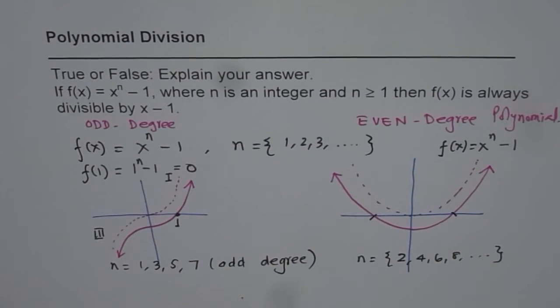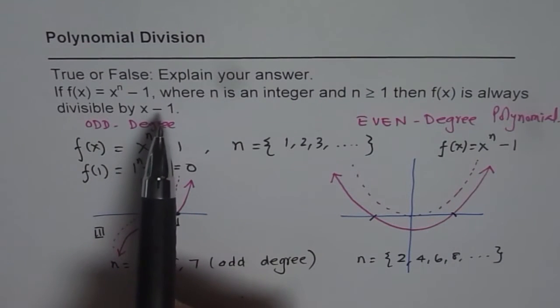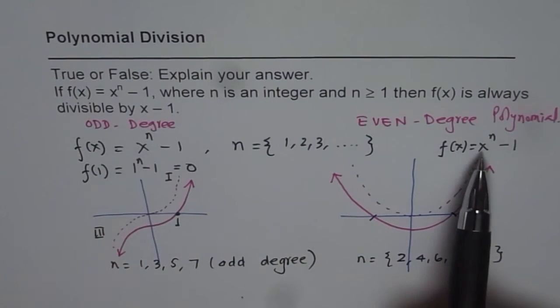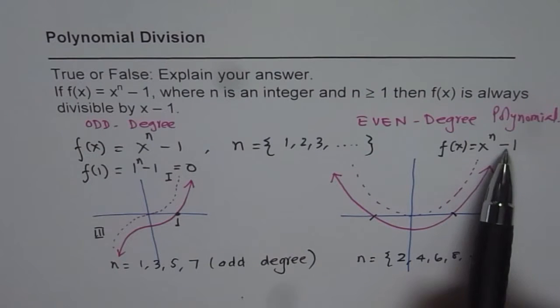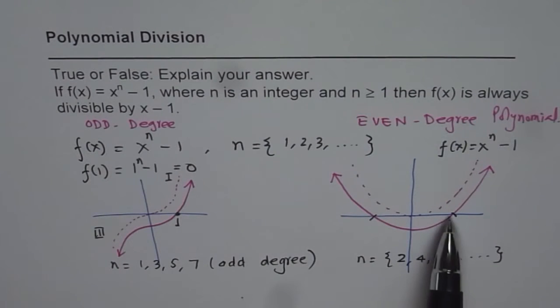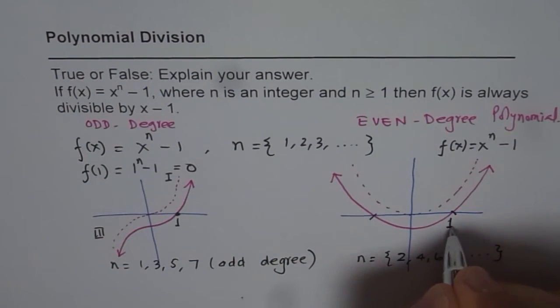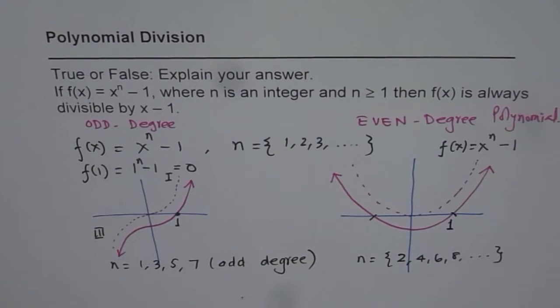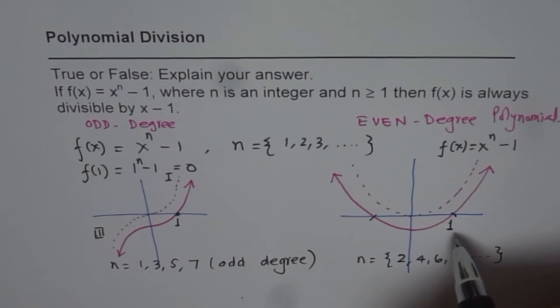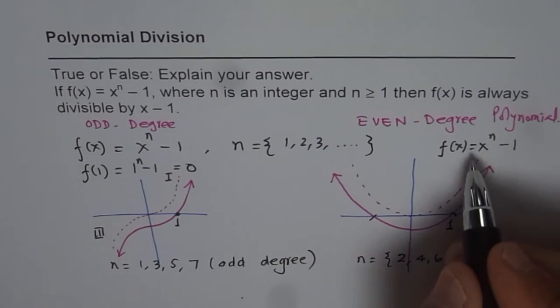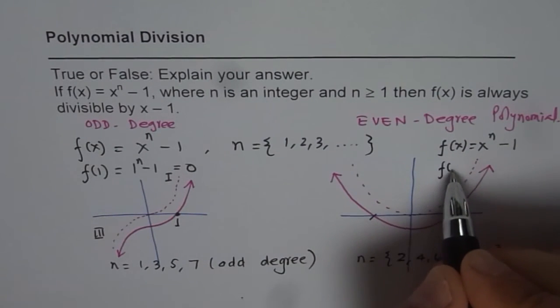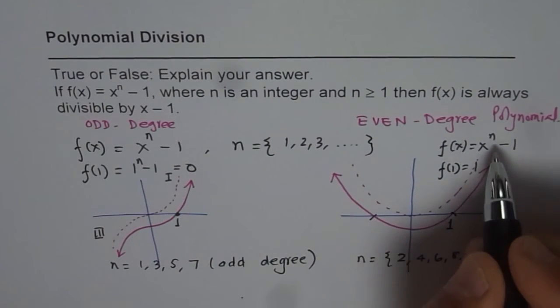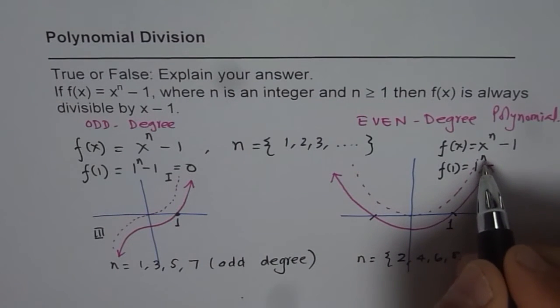Now if x minus 1 is a factor of x to the power of n minus 1, that means one of these points should be at x equals 1. Then only it is a factor, right? So let's check it out. If I put 1 here, what do I get? What is f of 1? It is 1 to the power of any number n.